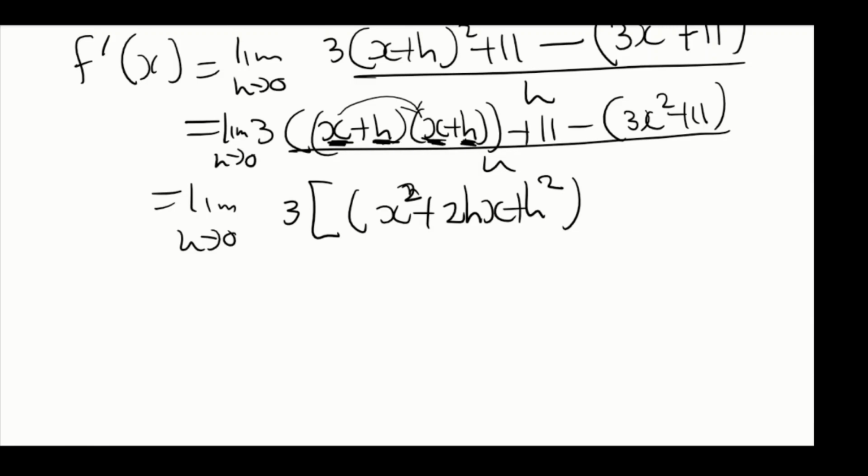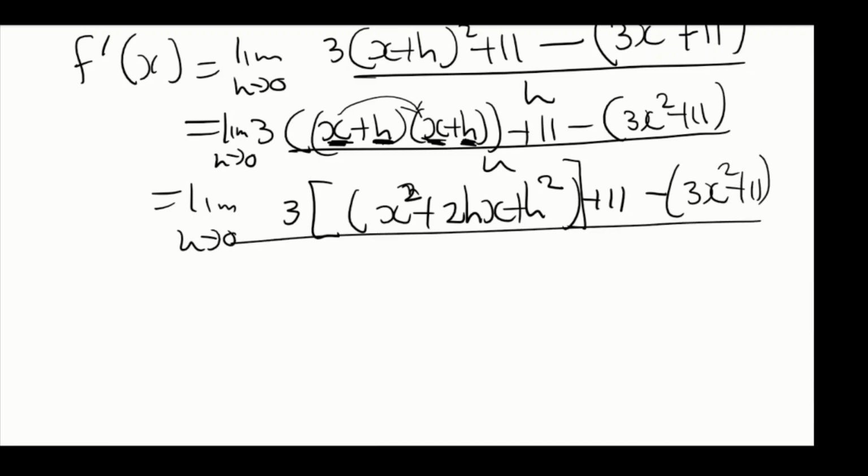Then we have to add h squared, which is found by multiplying h times h. Then we're going to add 11 minus, so we put the brackets here, then minus 3x squared plus 11, divided by h.